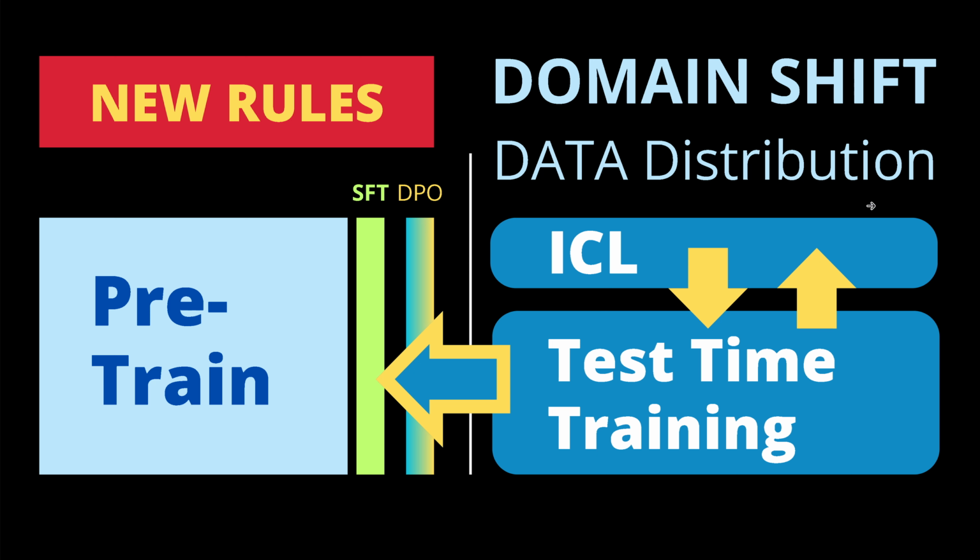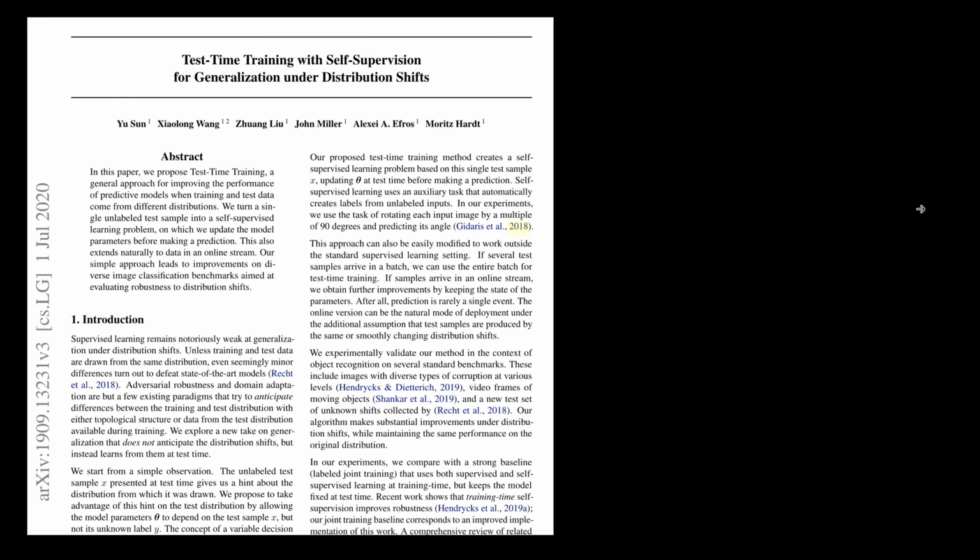We just have to know the rules of when to apply what, what the relations are between the different elements, what domain shift means, and what the hell a data distribution is, and why this determines which of those 2 systems you should use for better performance of your LLM that is also cost effective. Let's jump into it. The first paper I found about test time training was from July 2020.